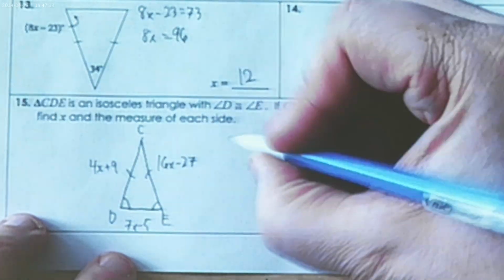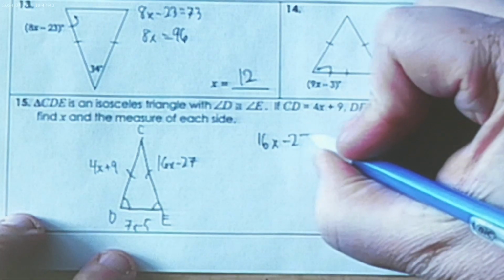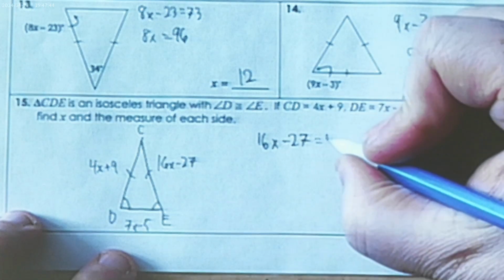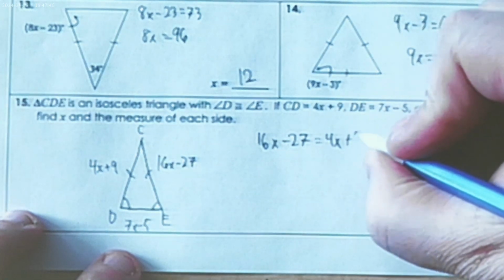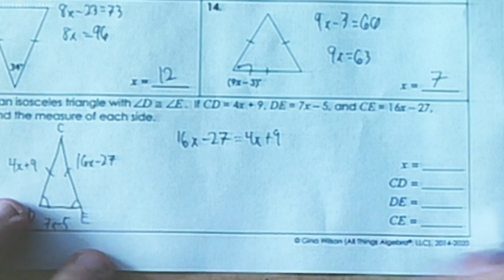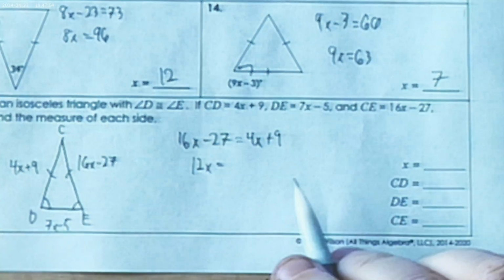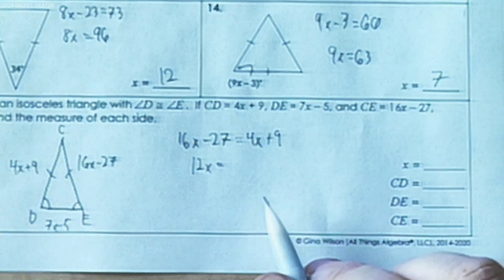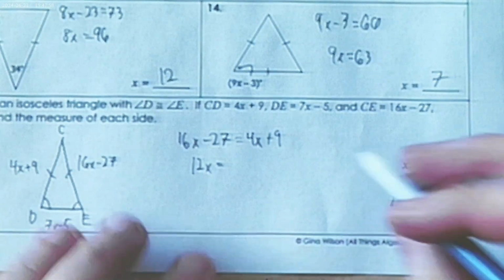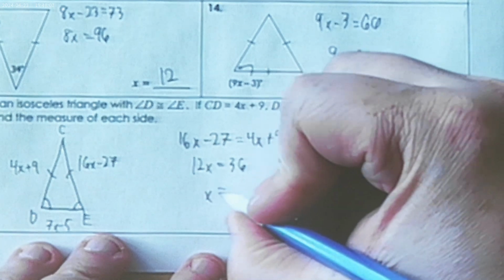So that means I can say that 16x minus 27 equals 4x plus 9. So I'm going to combine like terms. That gives me 12x equals 9 plus 27, which is 36. So x equals 3.